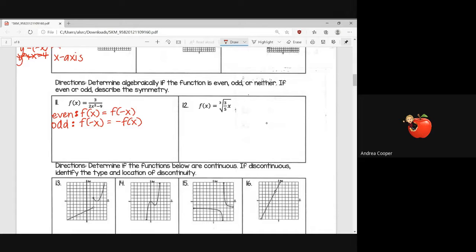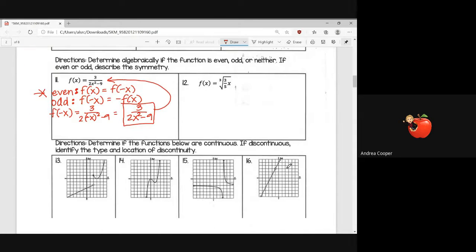If I were to find f of -x, plug in a -x, so 3, 2, -x squared minus 9, which is the same. When you square a negative, it's still positive. Since these are the same, this function is even.